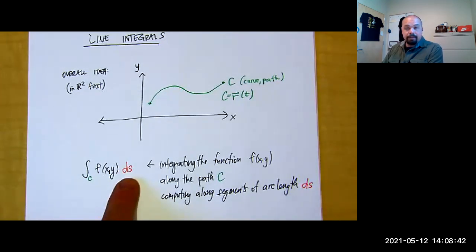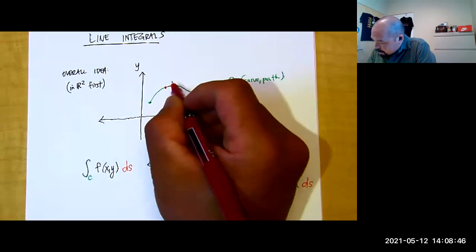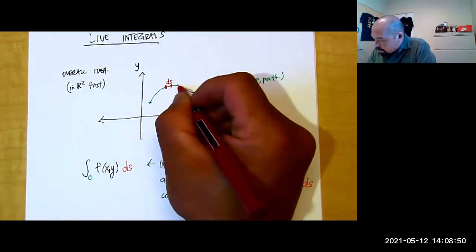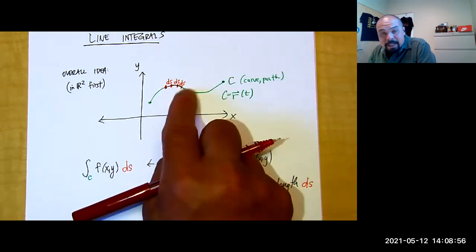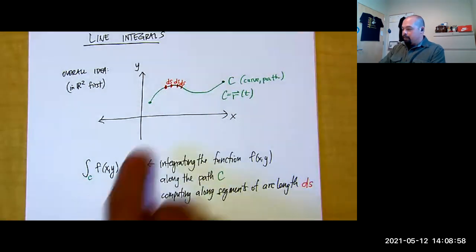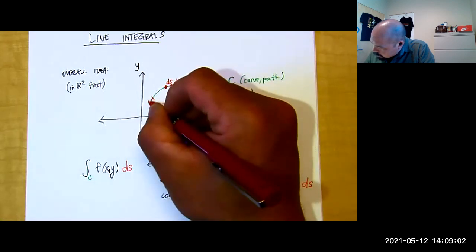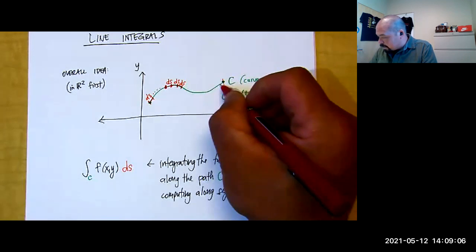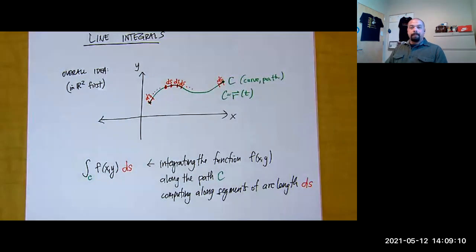and that's what that ds component is, right? Because we have this short little span of ds, and we can, again, think of all these little segments of arc length building up from the start all the way through till the end of our curve, okay?